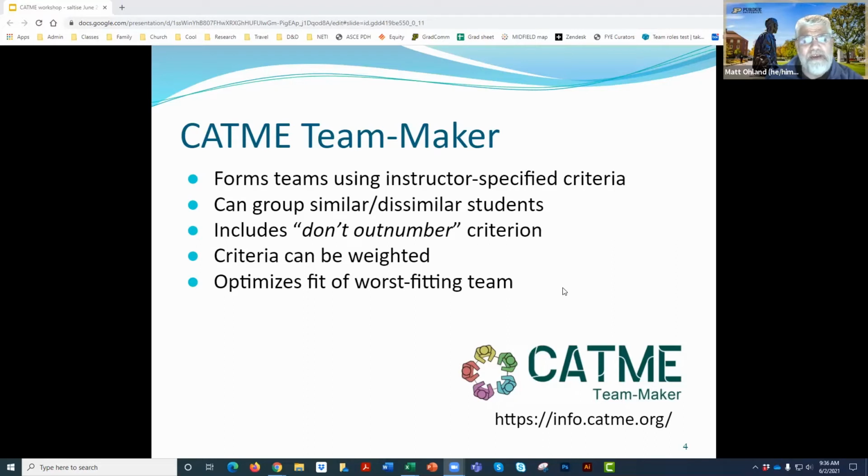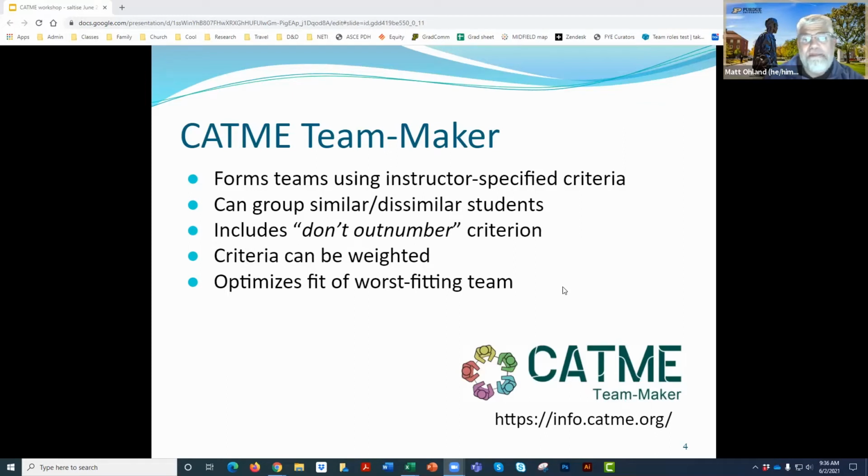The first of those is the team formation system called Teammaker. It's used to make teams using instructor-specified criteria. It has the ability to group students according to being similar on a criterion or dissimilar on a criterion, as well as a special feature of not outnumbering certain special populations.